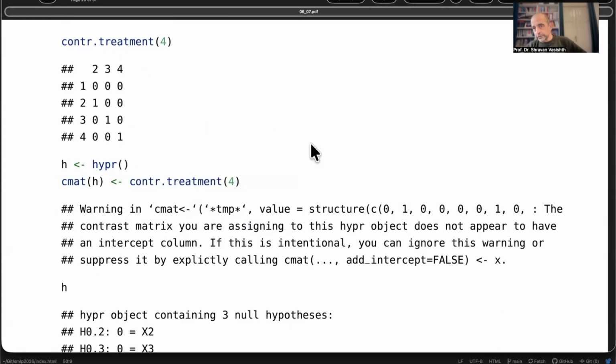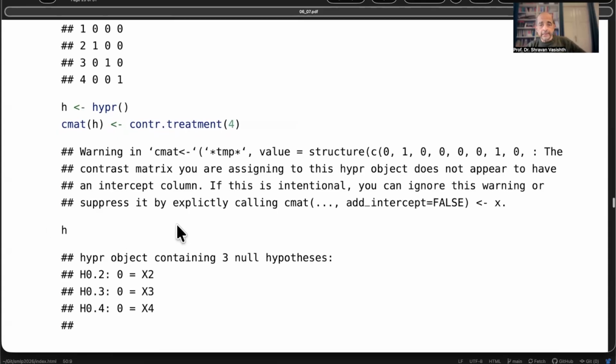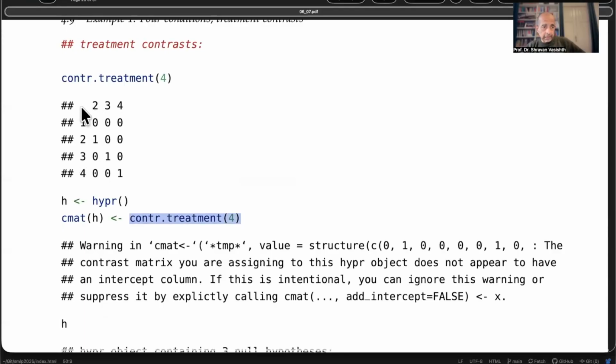This is just for illustration, okay? So what will happen is you'll get a warning which says that the contrast matrix that you're assigning to this hypr object does not appear to have an intercept column, which it doesn't, right? So you see that we don't have a 1 1 1 1. We don't have the intercept column here.